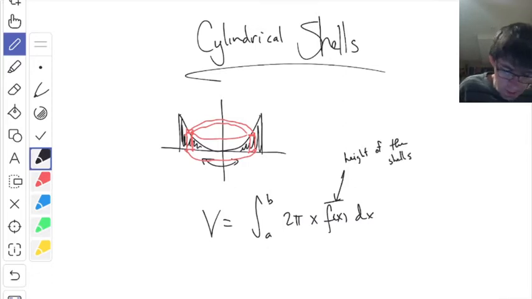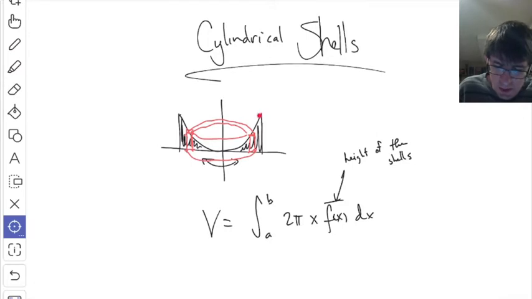In a simple example, the height will just equal whatever this function is, although in some cases it can be a little more complicated, but typically the height will just be the function. That's why I wrote it as f of x.